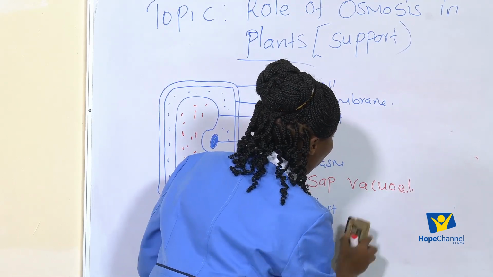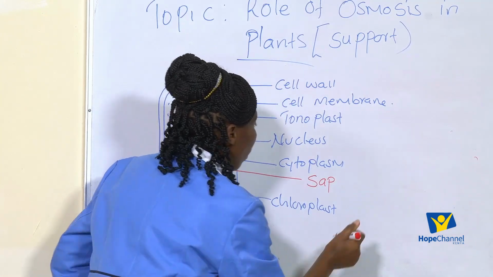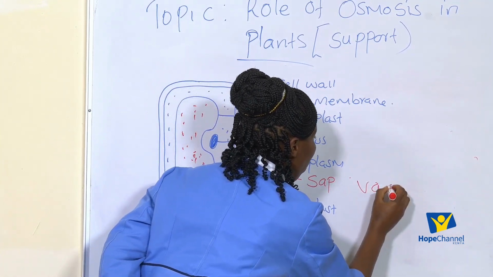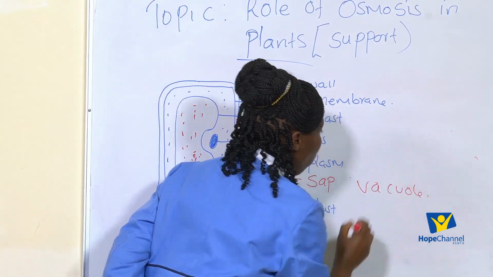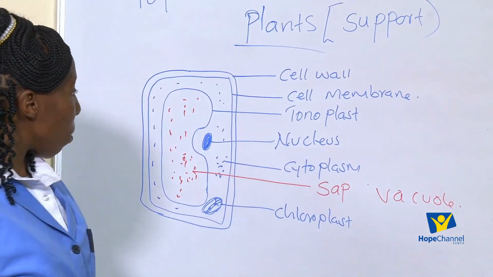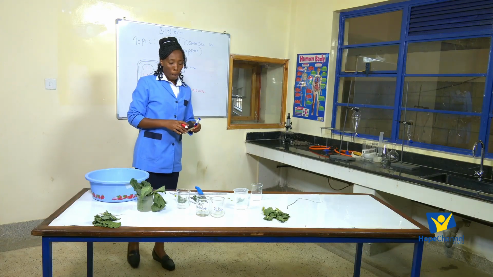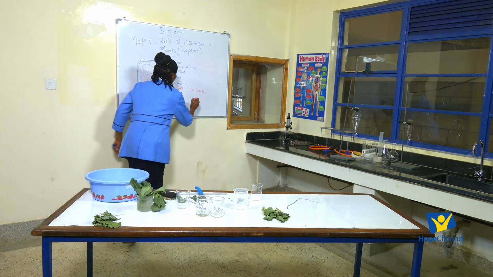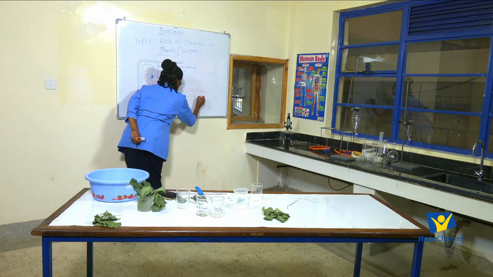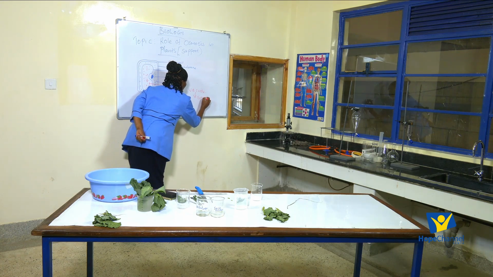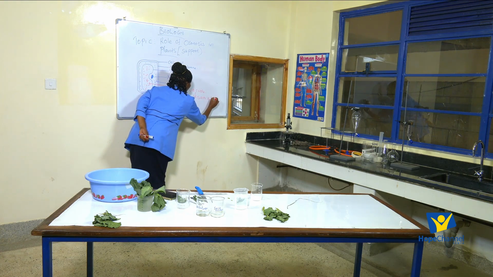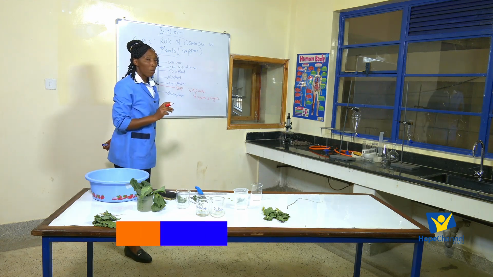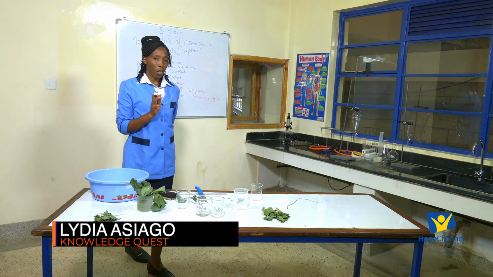So probably I will write it, the sap vacuole. Now, in the sap vacuole, this is where a plant stores salts and sugars. That is where a plant stores salts and sugars.